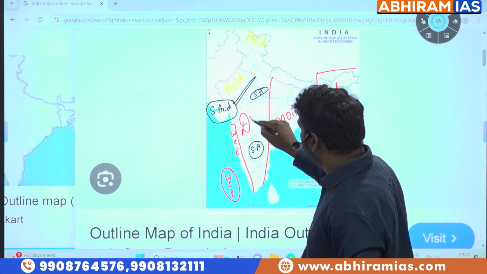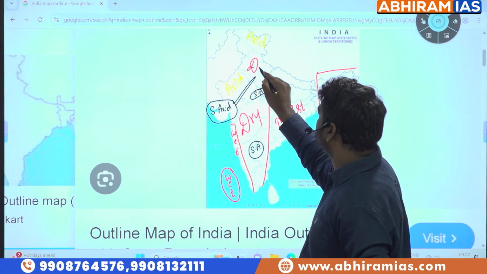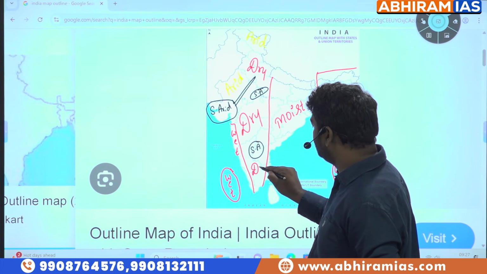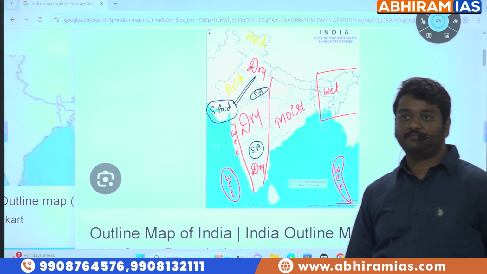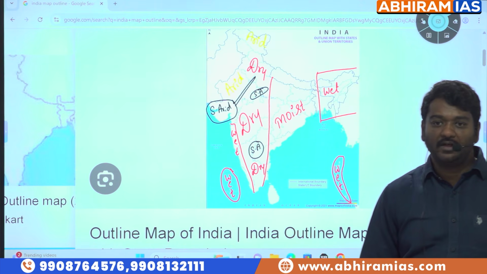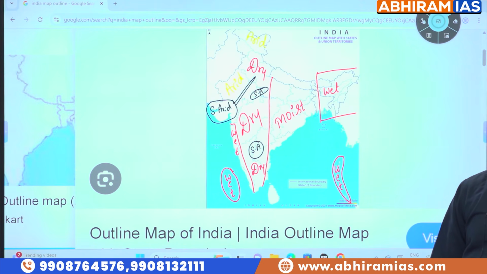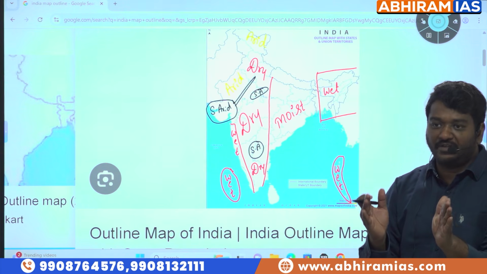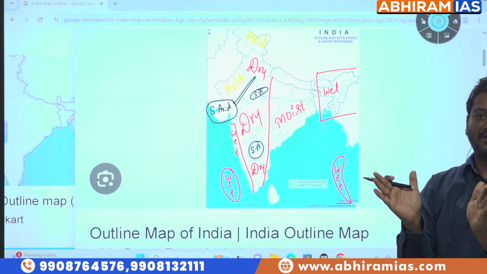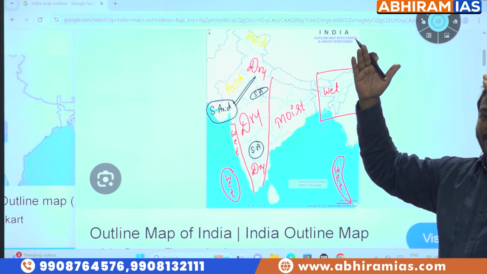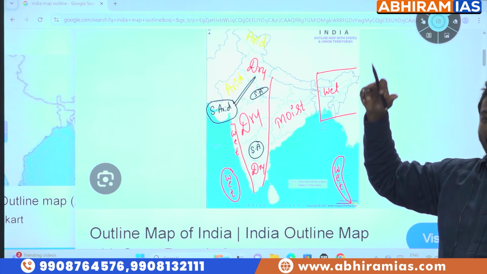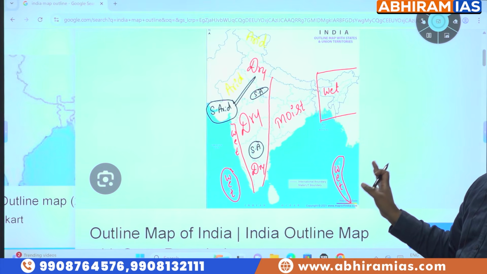Remaining India is called which region? Dry region. Okay, where is the dry region? It is in between Western Ghats and Eastern Ghats, Aravallis to Prayagraj. In this area you will have dry region.